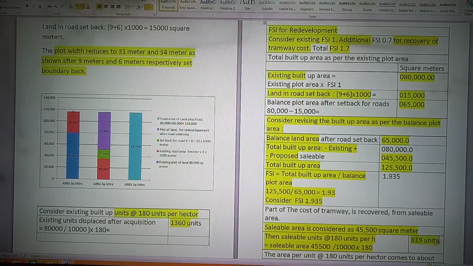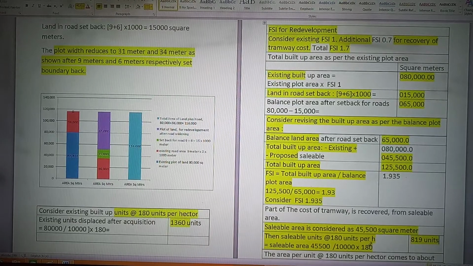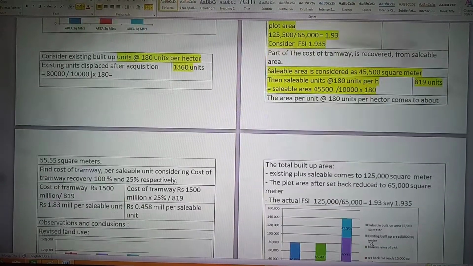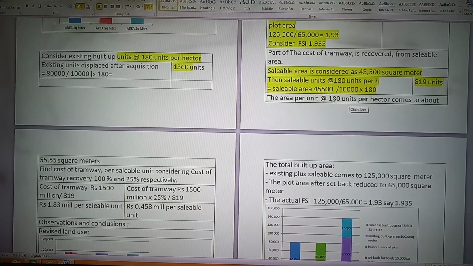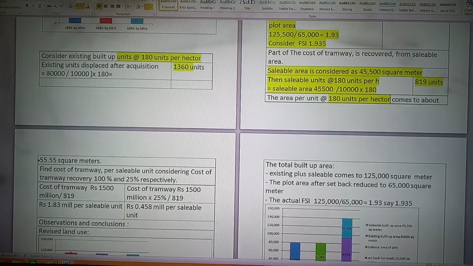Now these 819 units are our saleable units. The area per unit comes to about 55.5 square meters.